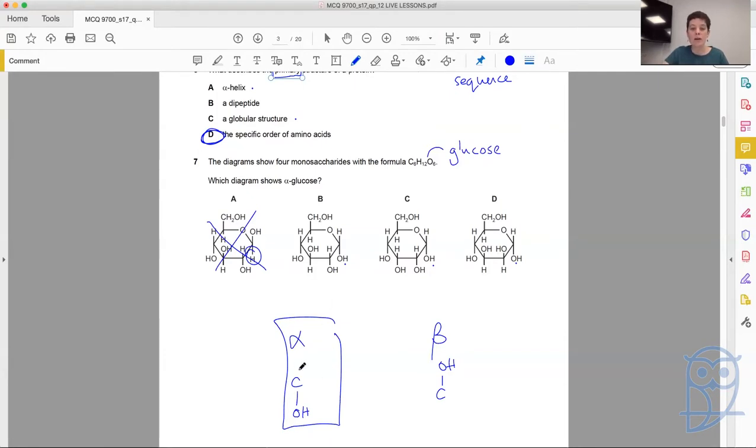That helps us remember that our alpha is going to go OH, OH, H, OH. If we look at all of these, we can see that we have OH, H, OH on B, we don't have it on C, and we don't have it on D. So that confirms to us that B is our alpha glucose. It's really important that you know the structure of glucose because it comes up in many different ways.